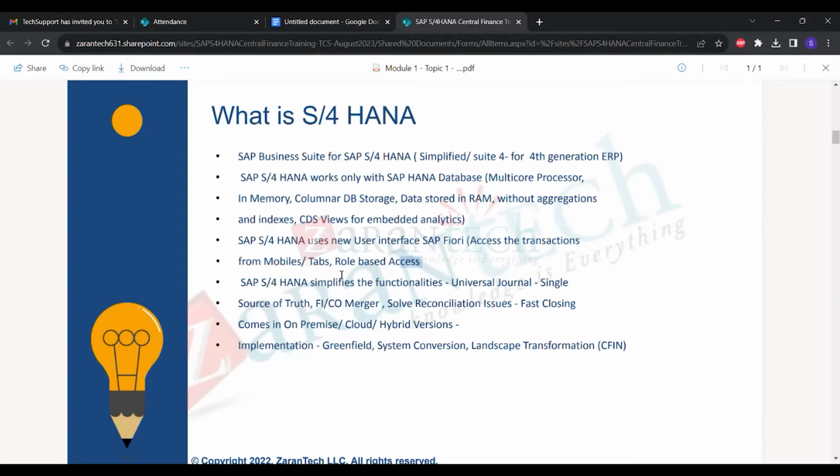And for any CFO, if you ask what the biggest KPI for them is, or what they want most from any reporting system, not only for HANA, they will say faster closing is my KPI. It's fine that users are having fast access, but for any company the legal reporting should be done as soon as possible after the closing.